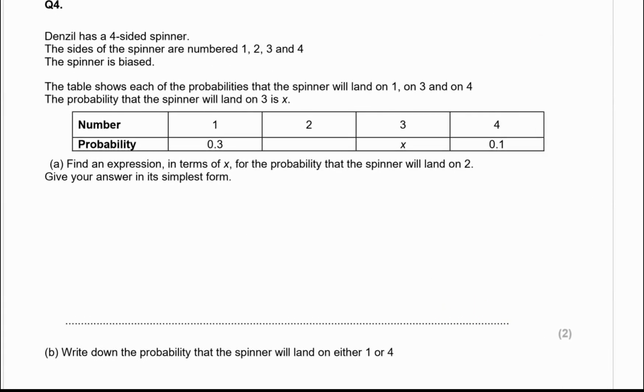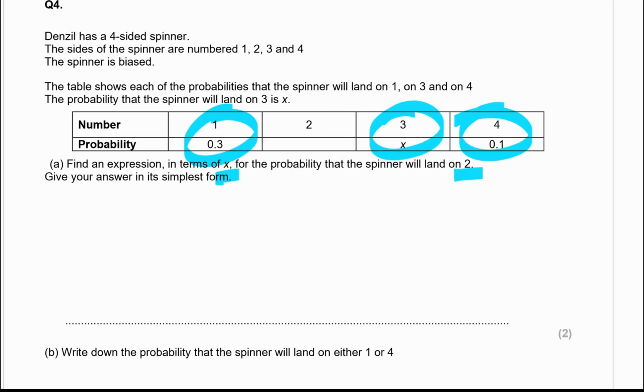Okay, just one more that's a bit different. Here we have probabilities for 1, 3 and 4, and we want to work out the odds of getting a 2, and that's going to be in terms of x. When it says in terms of x, the question is saying you're not going to solve it, you're not going to work out what x is, so x will be in your answer.